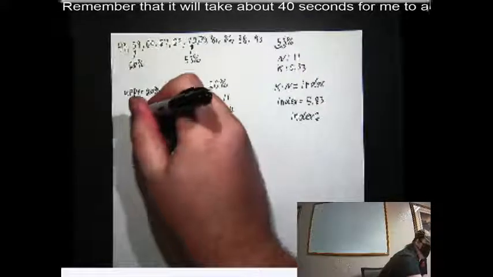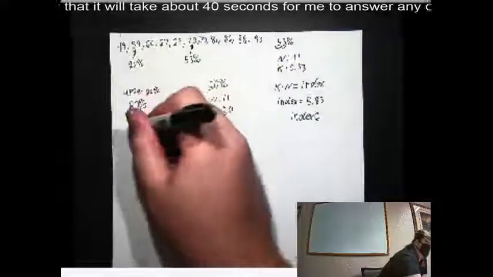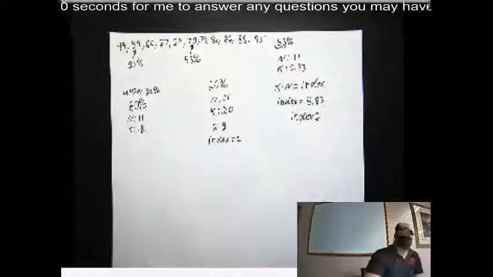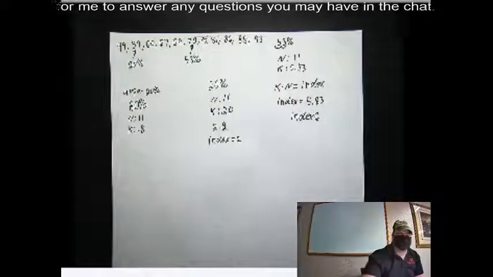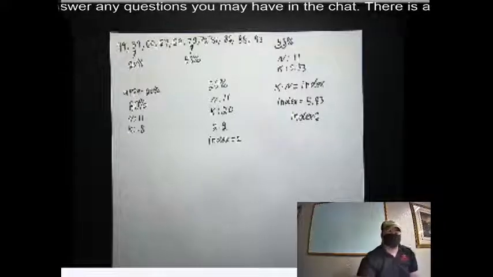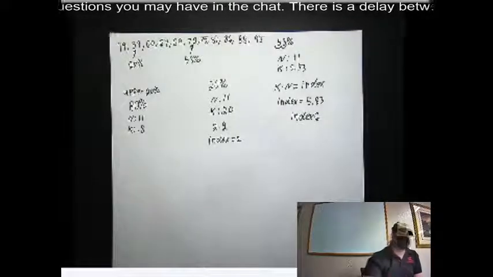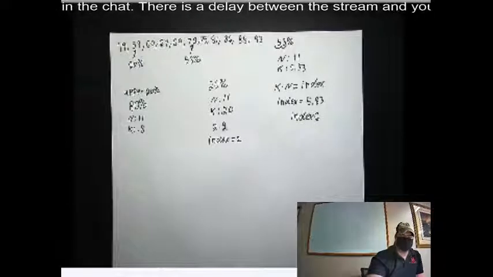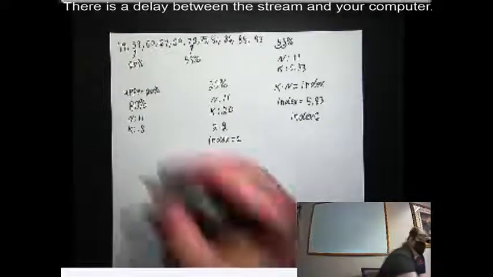So N is still 11, K is now 0.8. We do 11 times 0.8, and we get 8.8. Okay, so that rounds to 9.